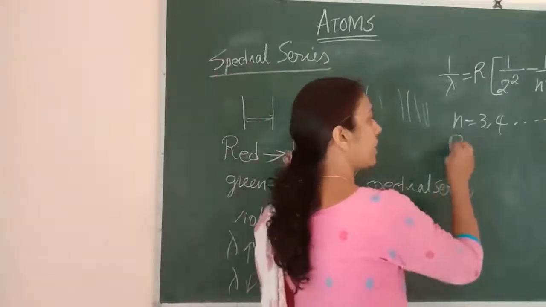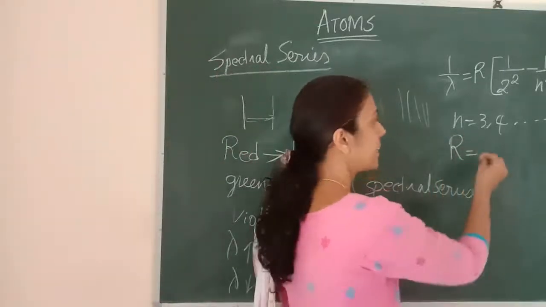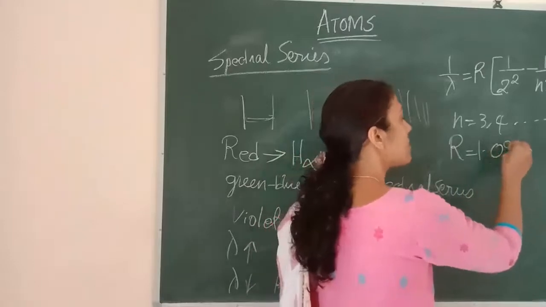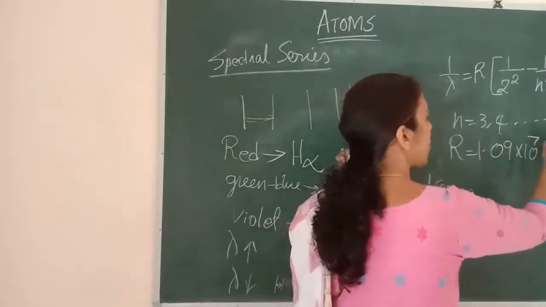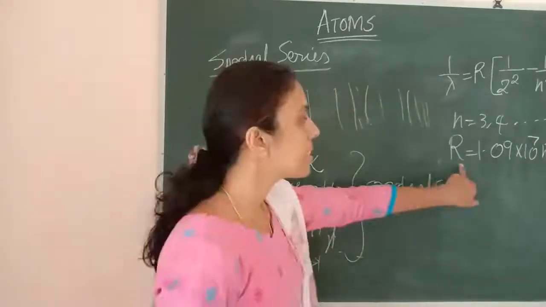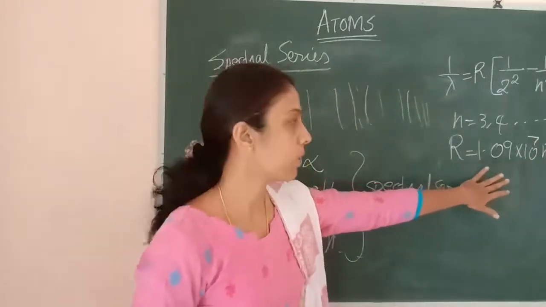And R is called the Rydberg constant, and its value is 1.09 into 10 to the power 7 meter to the power minus 1.